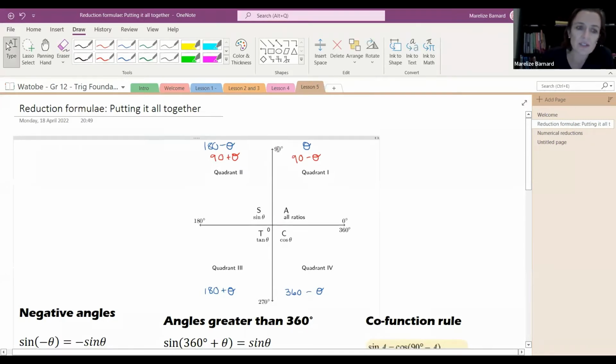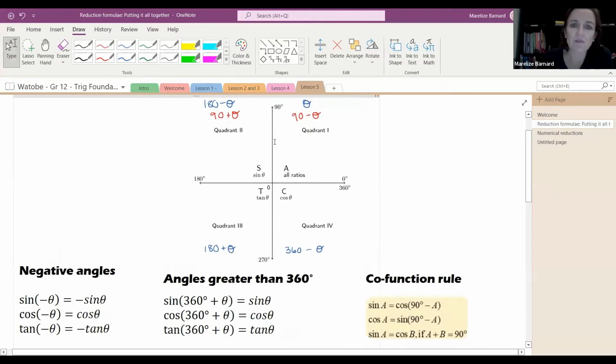We also did negative angles, and for those of you who were in the lesson, and for those of you who are still going to watch the lesson on the website, when we do negative angles, we are just rotating in the clockwise direction. A negative angle would be like this example over here that I've just drawn.